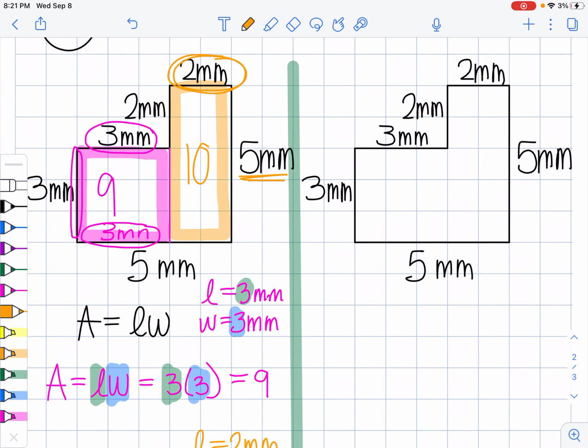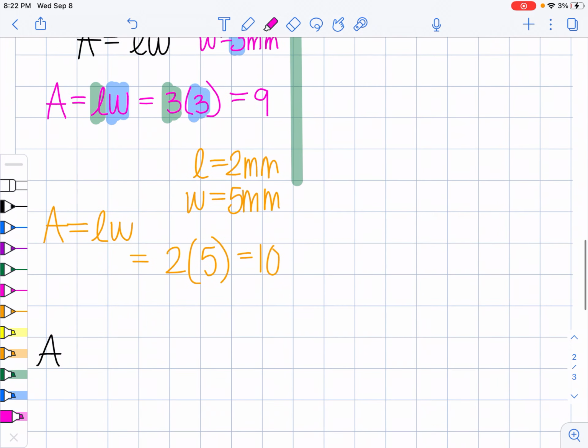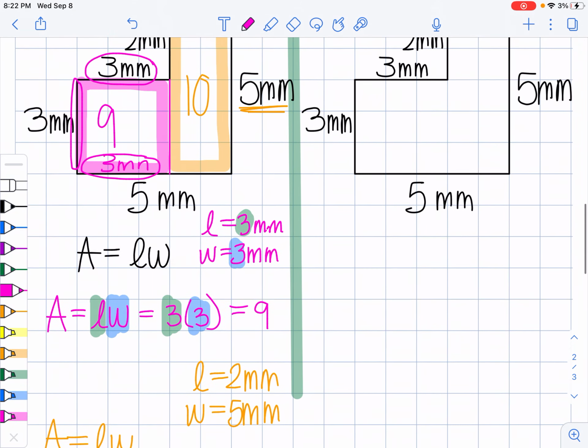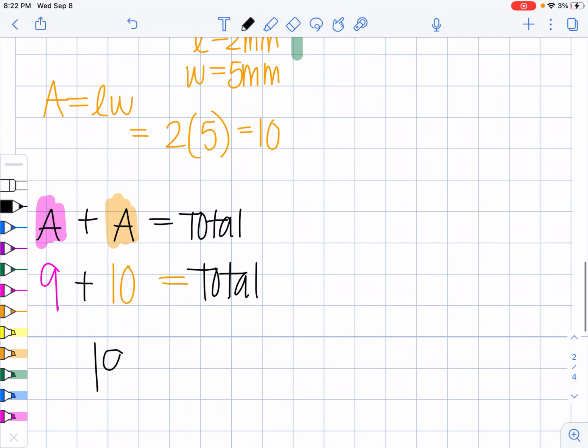Now, I need to know how much is my whole shape. Well, my whole shape is going to be the pink area plus the orange area is equal to my total area. I know that my pink area is 9, and my orange area was 10. So how much is my total? I add them together. My total is equal to 19.